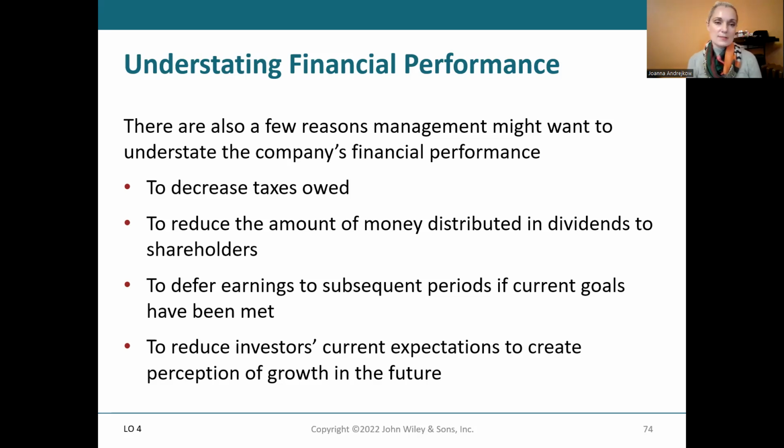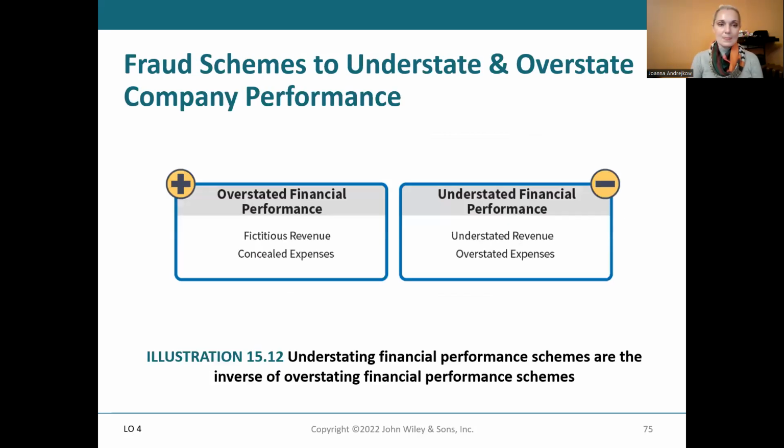And then the other reason that organizations might understate financial performance is to reduce investors' current expectations to create a perception of growth. Like, look what an amazing manager I am. I grew this company's profits or revenues by 100 million or something like that.